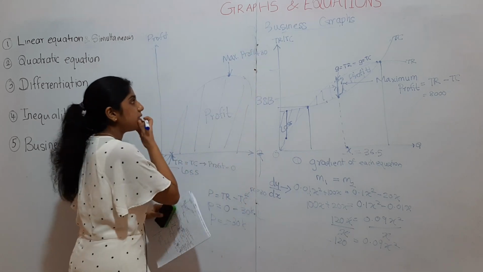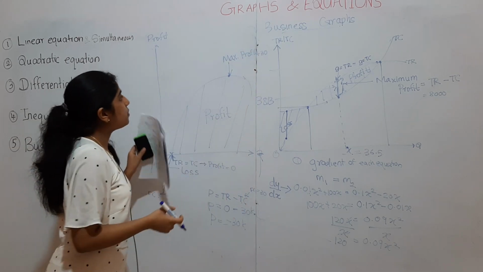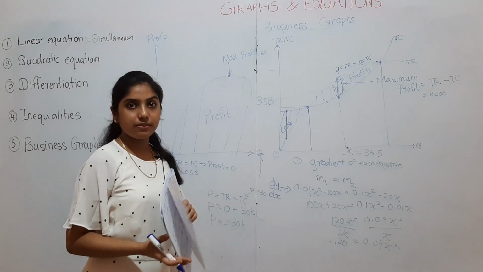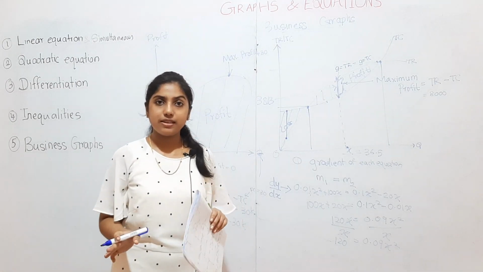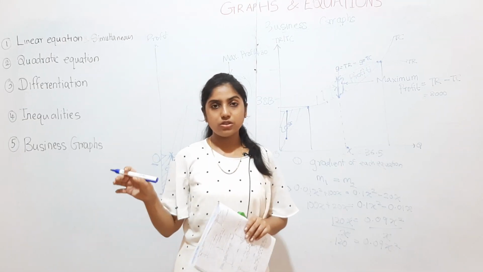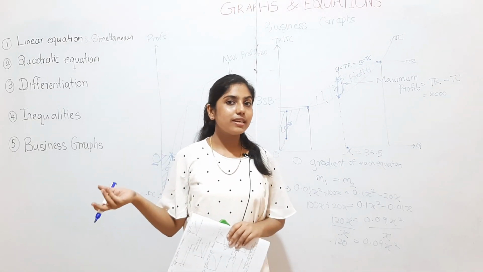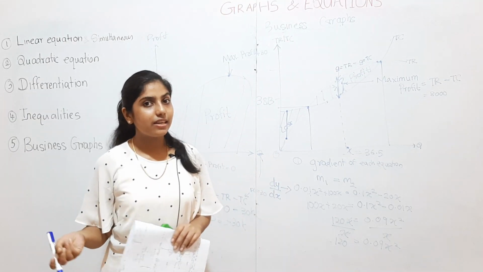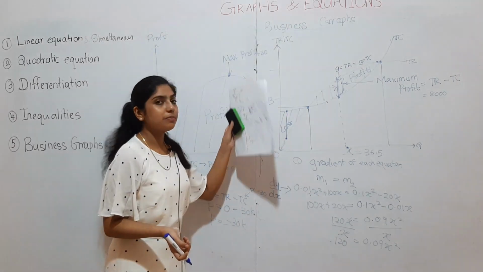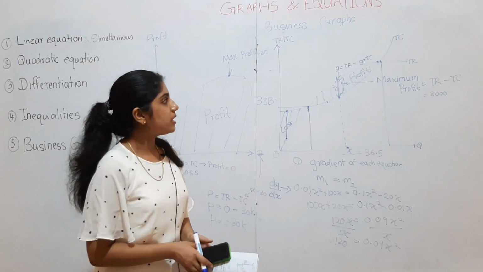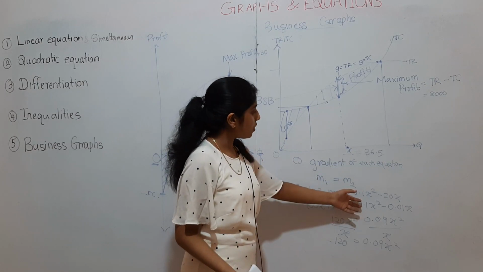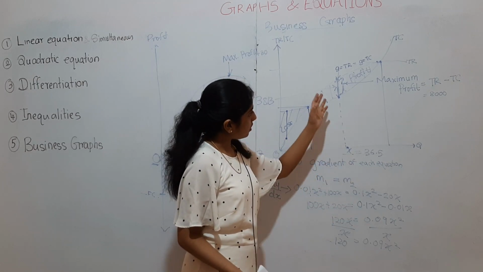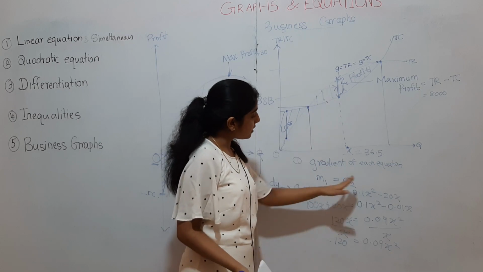So if you are given a profit curve and if you differentiate the profit equation and equal the gradient to 0, then straight away you can get the quantity at which you get maximum profit. You don't have to differentiate the total revenue equation and the total cost equation and then equal the gradients.